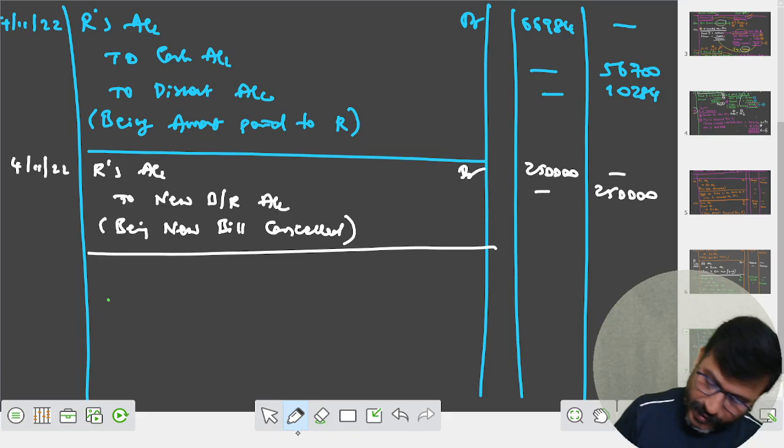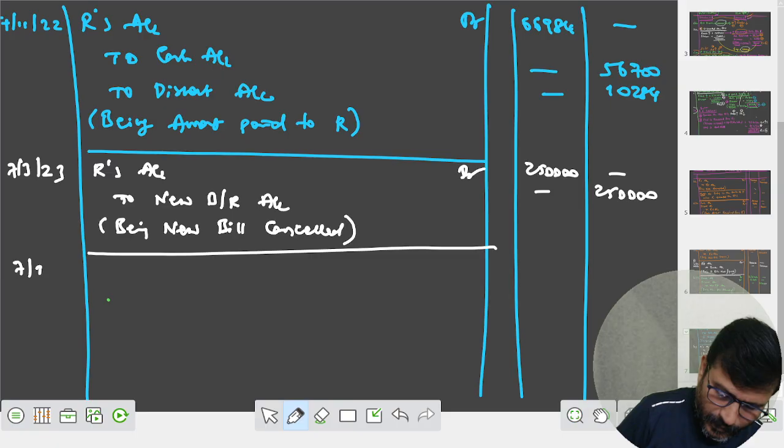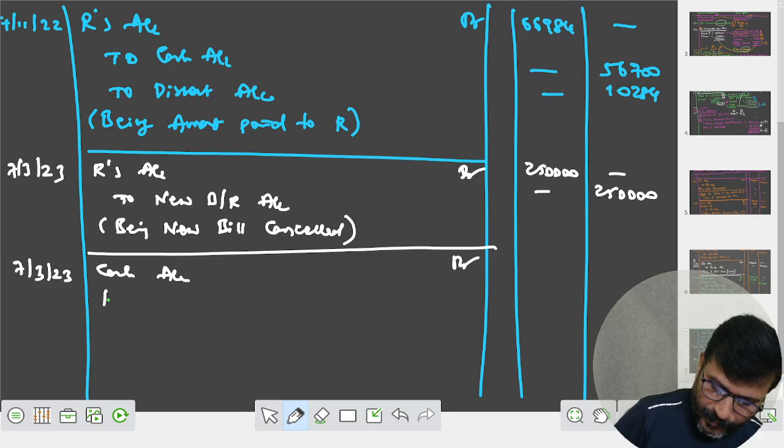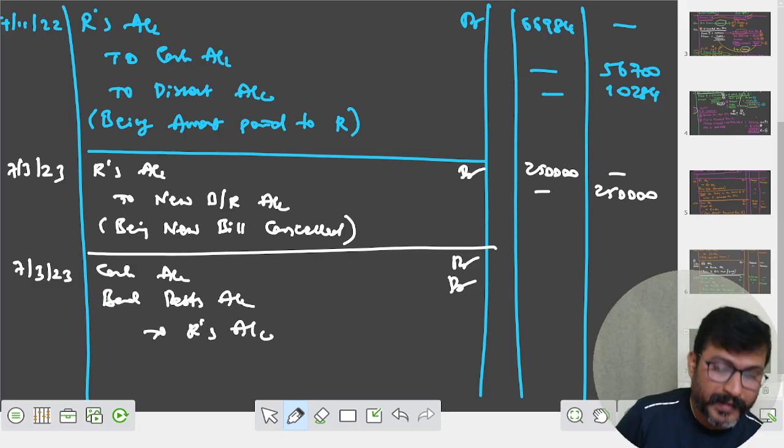Here the date is on the due date, 7th March 23. Cash account debit, bad debts account debit to R's account.